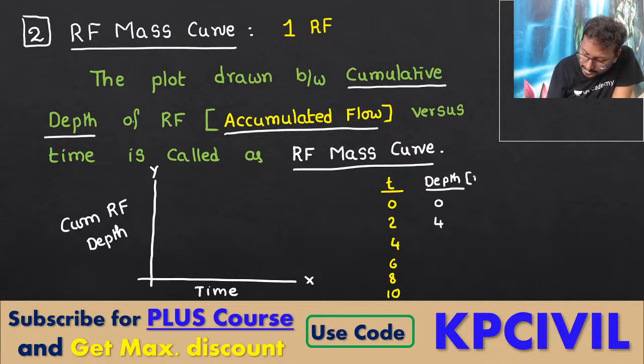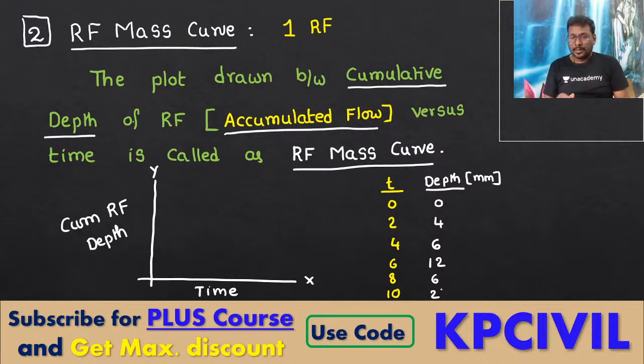Depth in mm is taken for each 2 hours, and these are the individual depths we got. This is a single rainfall that happened for 10 hours. This is the rainfall mass curve, not the double mass curve. I am talking only about the rainfall mass curve.